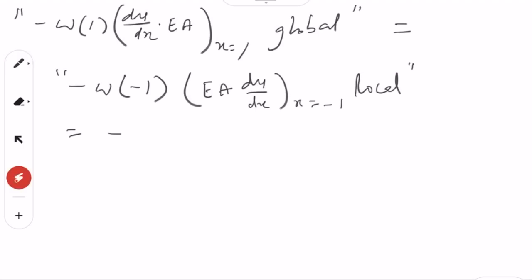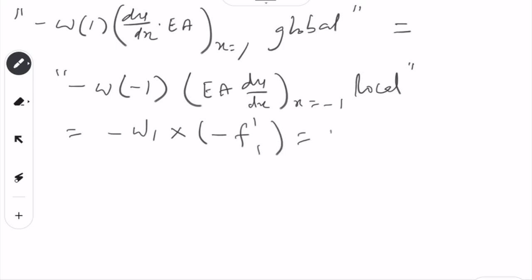minus, this becomes simply W1, the same way we got earlier, right. So this W is given by N1 W1 plus N2 W2 plus N3 W3, and you know that at x equal to minus 1 only N1 will be 1, all others will be 0, hence you have W1 multiplied by N1, N1 is 1, so you have minus W1 only, multiplied by what we called minus F11.